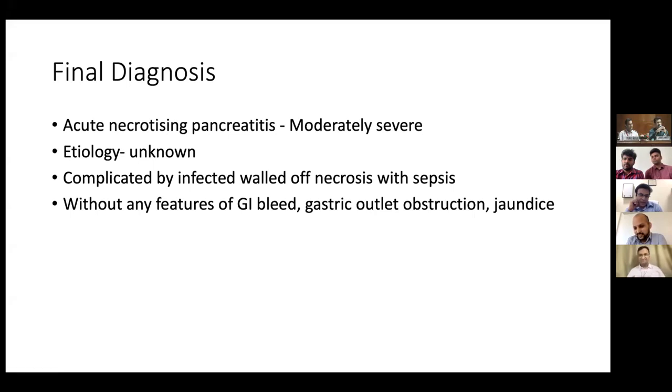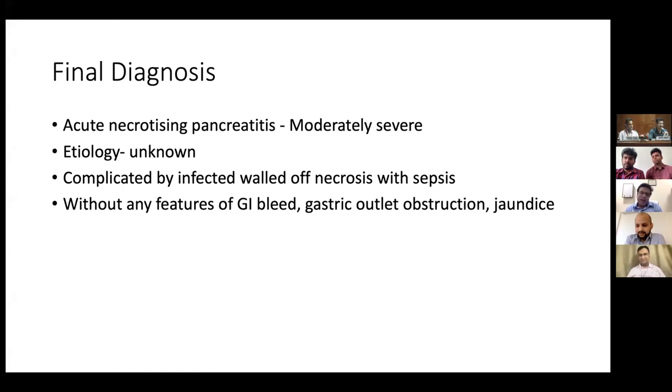Absolutely, sir. So what I'm not sure is what this ICU admission means. You can have a patient admitted in ICU without oxygen, maybe in some centers. So I think we need to be sure about whether there is organ dysfunction or not. According to the Atlanta classification, the definitions of mild, moderately severe and severe pancreatitis are very clear.